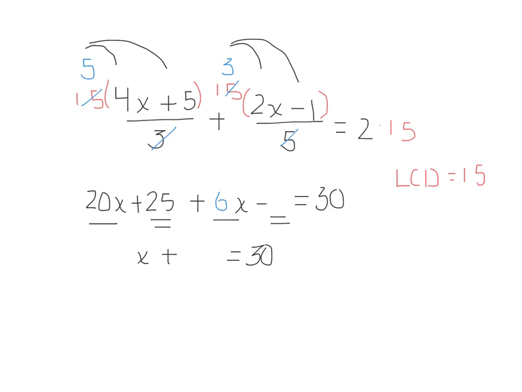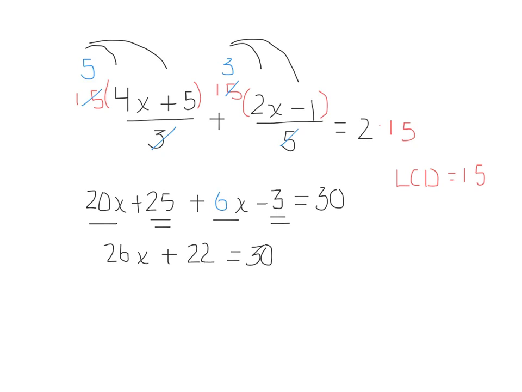And when I distribute the 3 to the minus 1, I'm going to get minus 3. Sorry about that. Okay, now we need to combine our like terms. 20x and 6x add up to 26x, and 25 minus 3 is 22.